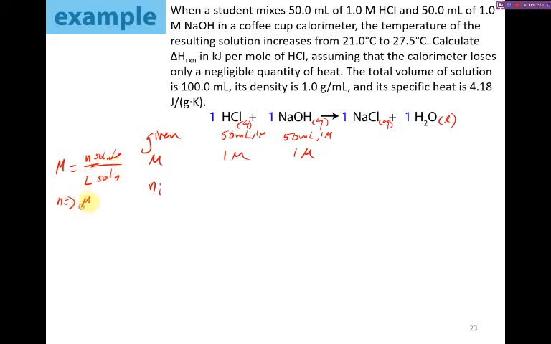Therefore, the moles is going to be equal to molarity times the volume in liters. So, the moles of the hydrochloric acid is going to be equal to 1 molar times the volume in liters, which is 50 times 10 to the minus 3. That gets us a total of 0.05 moles.